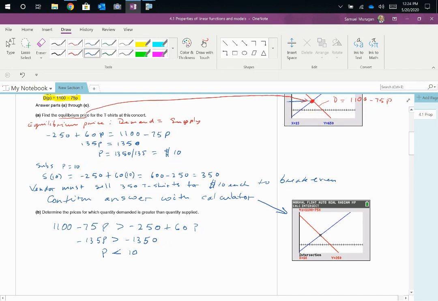Okay. The prices for which the quantity demanded is greater than the quantity supplied is any number between 0 and 10. That's what this is saying.